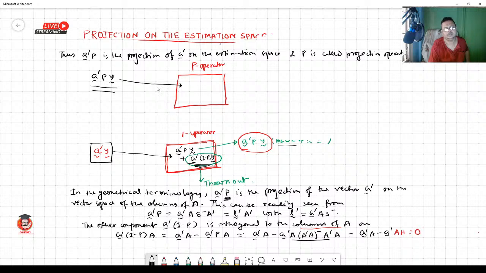If you put this in this box, it automatically divides into two parts. And see, P is an idempotent matrix, so this portion is the same as this, and you check that this part should be 0.